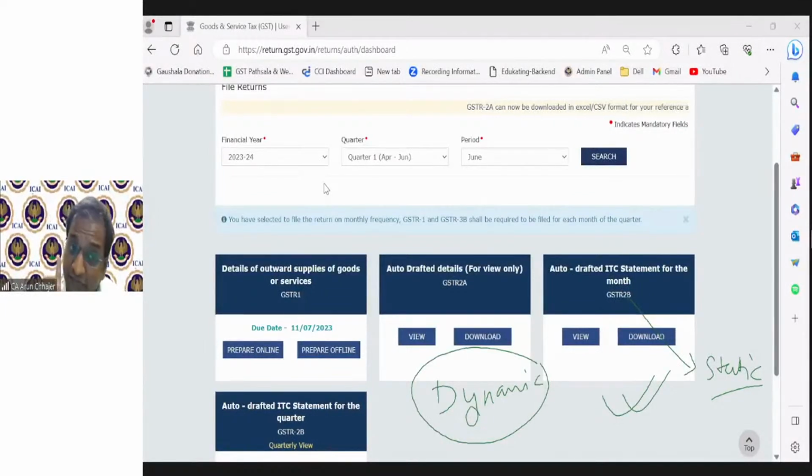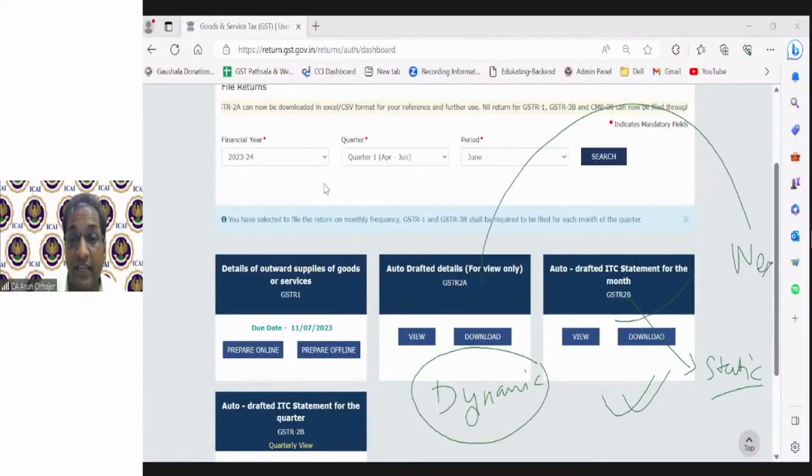But if the supplier files it after the due date, it will shift the ITC to the next month. It means it will not appear in the GSTR2B of the same month. It will appear in the GSTR2B of the next month.